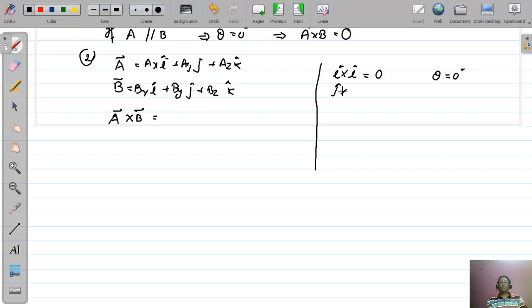Similarly, j cross j is 0 and k cross k is 0. Contrary to the dot product where i dot i equals 1, j dot j equals 1, and k dot k equals 1, in cross product i cross i is 0, j cross j is 0, k cross k is 0. So this result we have to remember.